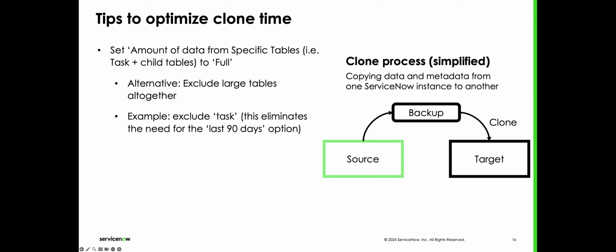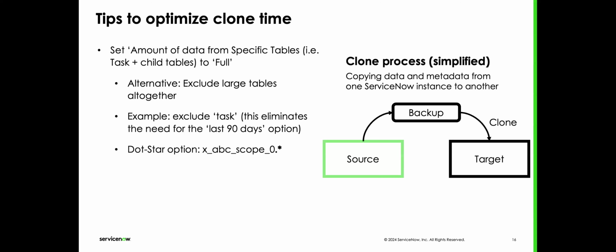An alternative to this is to exclude task altogether. And in fact, one trick you can apply is this dot star option, which you can also use with any other table, but it's essentially a wildcard. If you add dot star to your beginning, for example, task dot star, it'll exclude everything that begins with task.